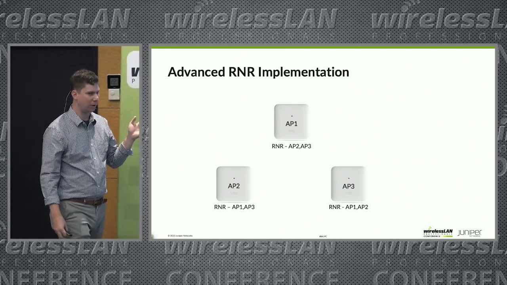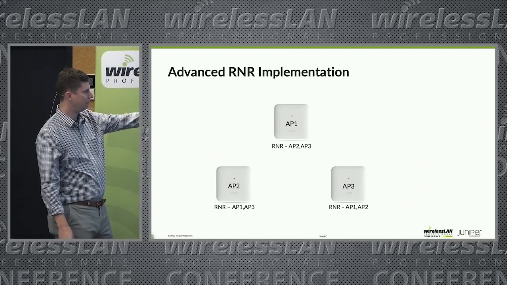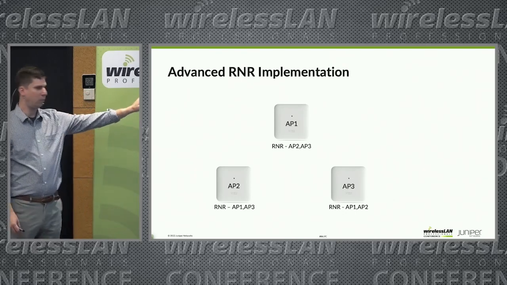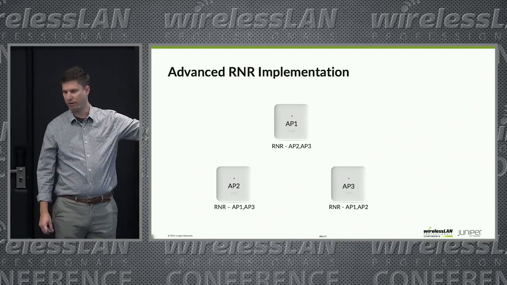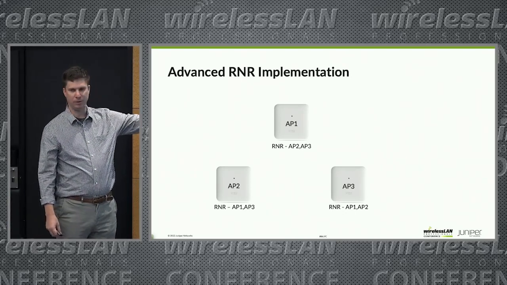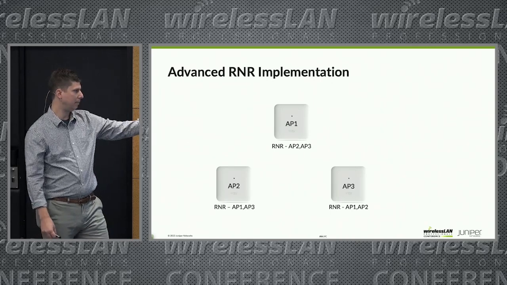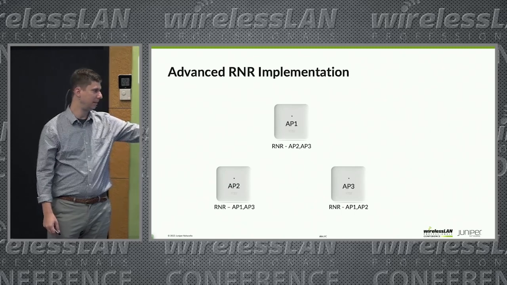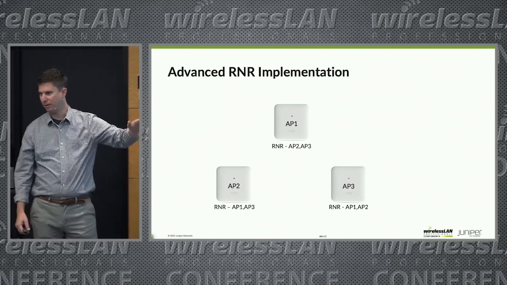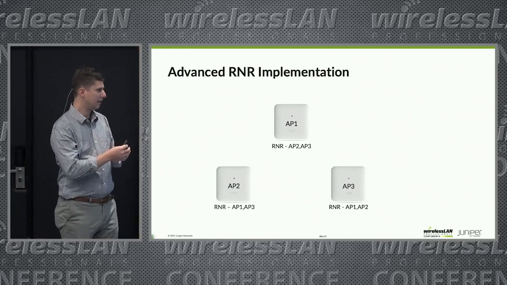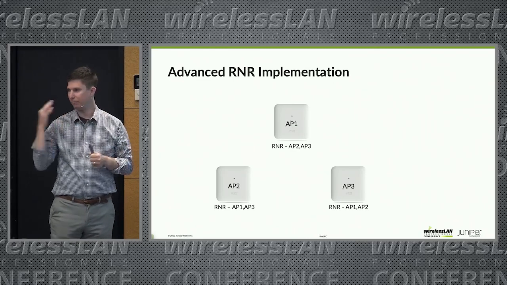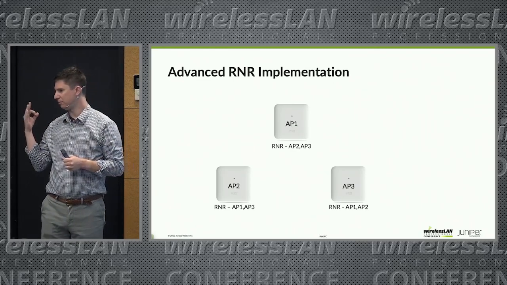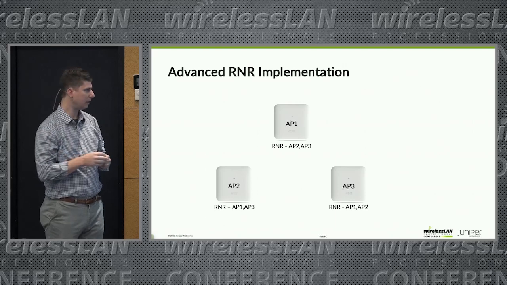In an example where I have, let's say, 3 APs, on AP1, in my RNR, I can put AP2 and 3. In AP2, I can put AP1, AP3, and then in AP3, I can put AP1 and AP2. So with this, now with just one beacon, I have 3 candidate APs and 3 channels to go to.